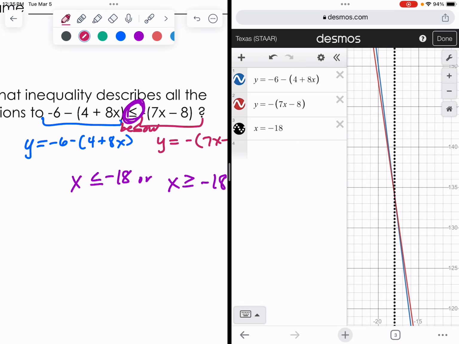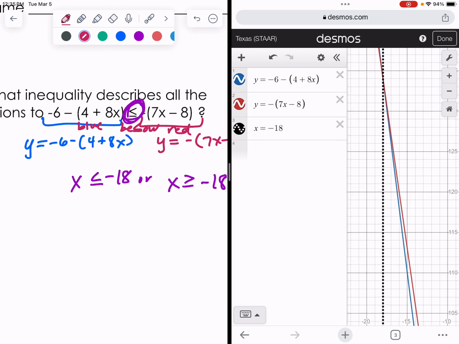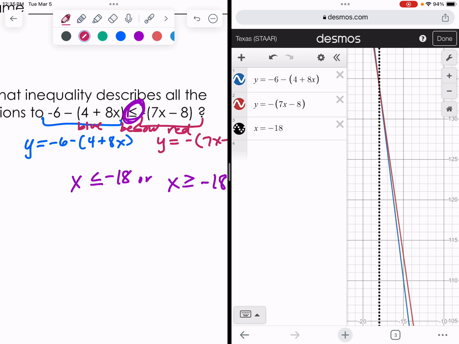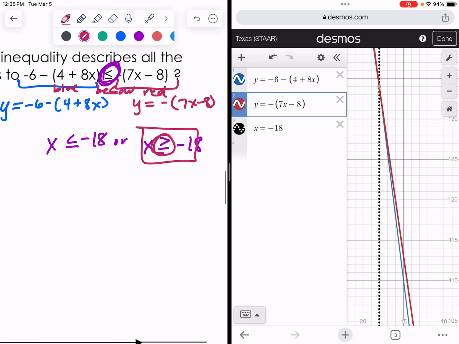So I want to know where blue is below red. And so blue is below red over to the right of my black dotted line. So right means greater than or equal to. So this would be our answer. If it was left, I would choose this one. So my final answer would be x is greater than or equal to -18.